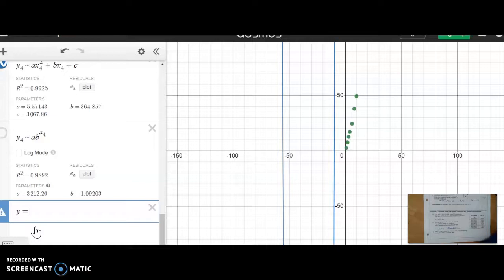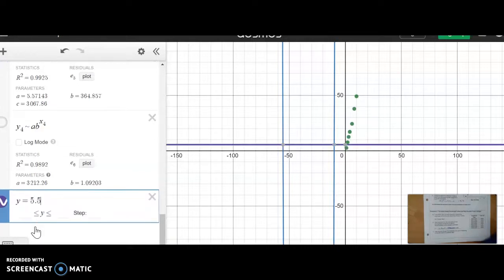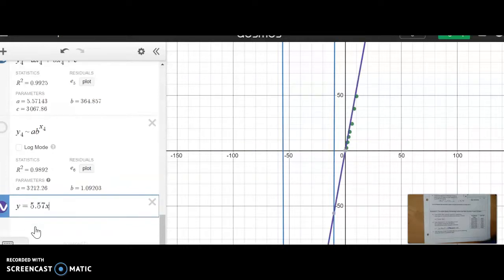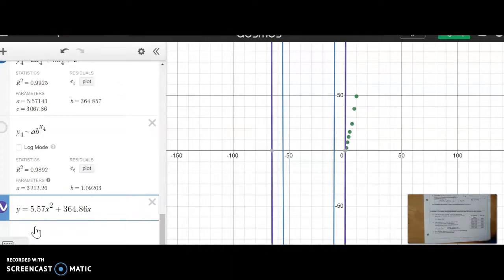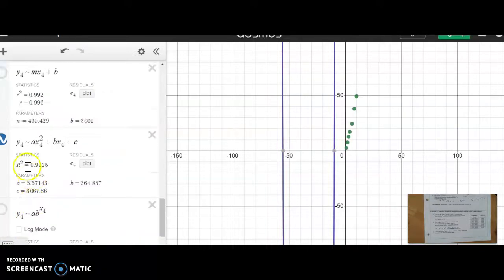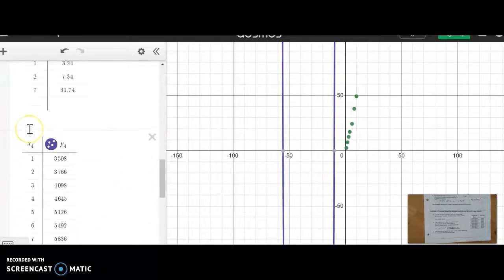Okay. So what I'm going to do now is I'm going to say y equals 5.57x squared plus 364.86x plus 3067.86. I'm going to turn everything else off.